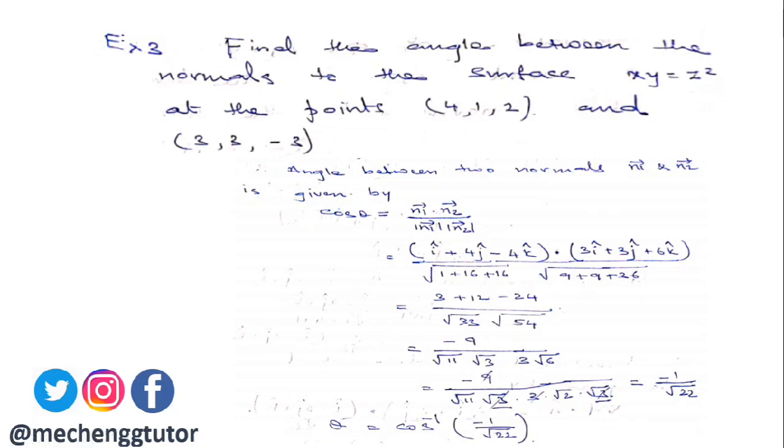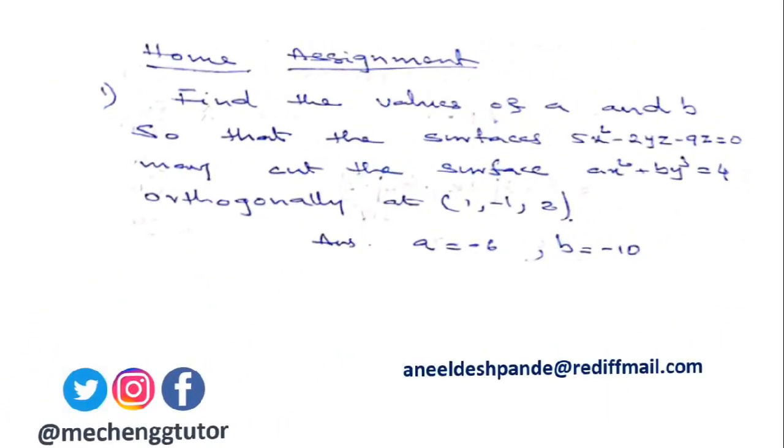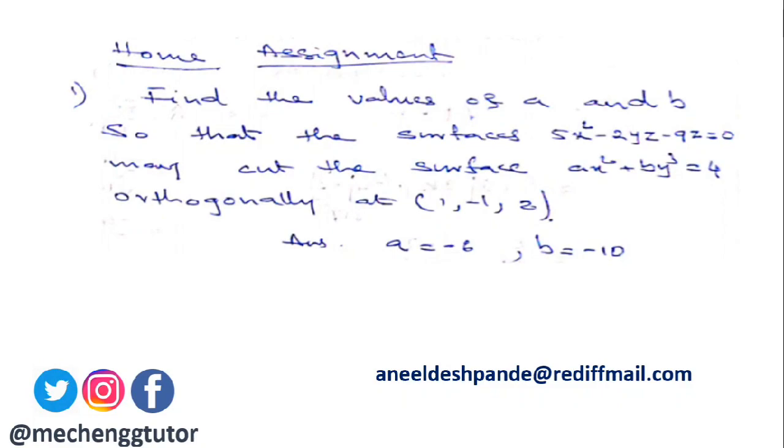Friends, these are the examples on the normal to a surface, that is the gradient of a scalar point function. Here I have given one example as a home assignment.